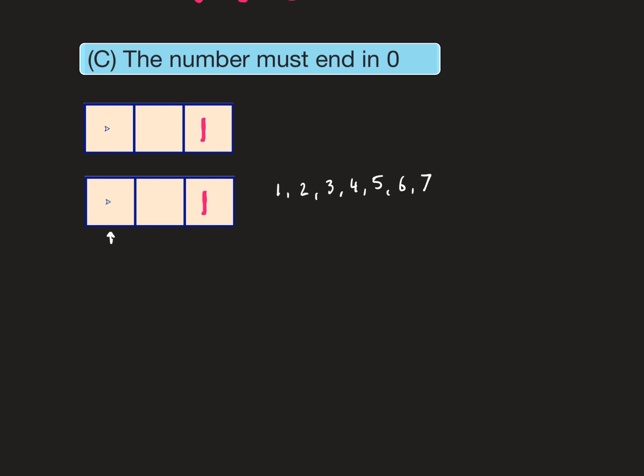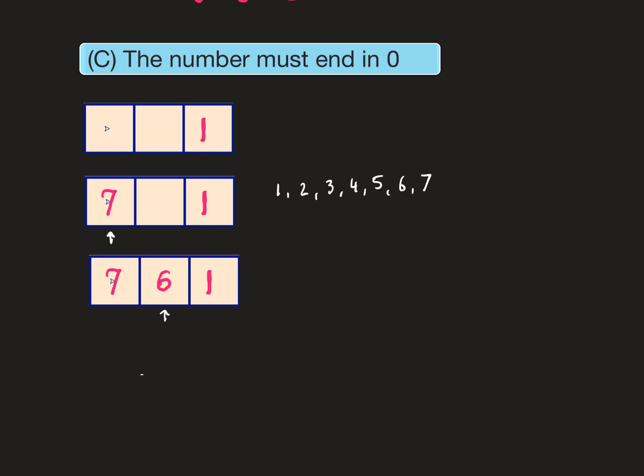So we can fill it with 7 numbers. And in the second position, we now have 6 digits left. So the total number of permutations is 7 times 6 times 1, which is going to be 42.